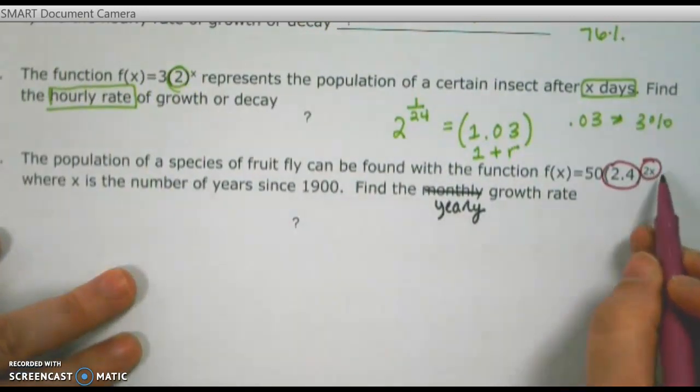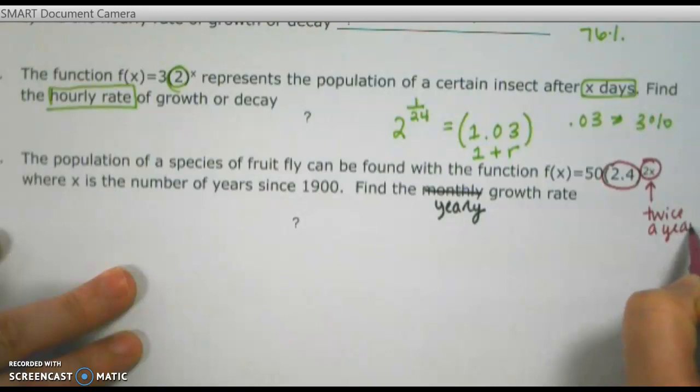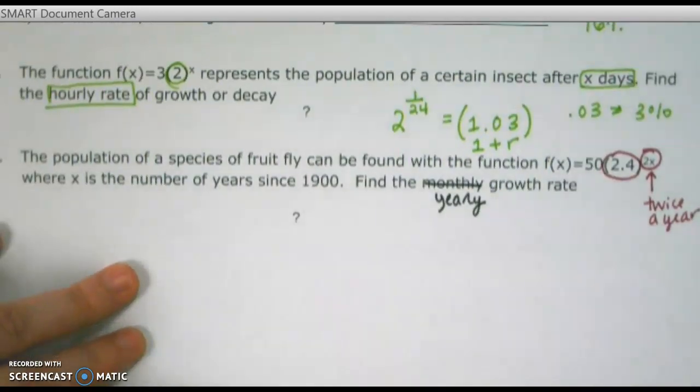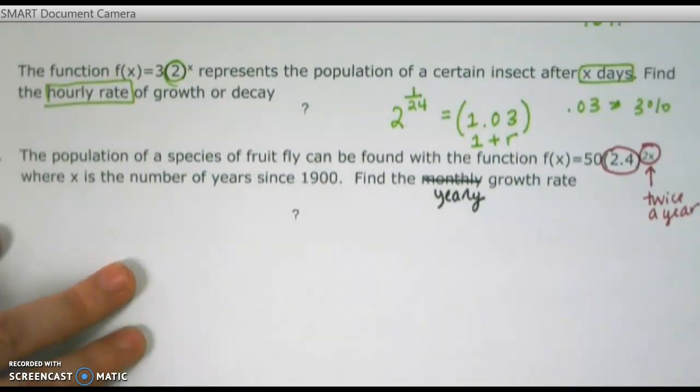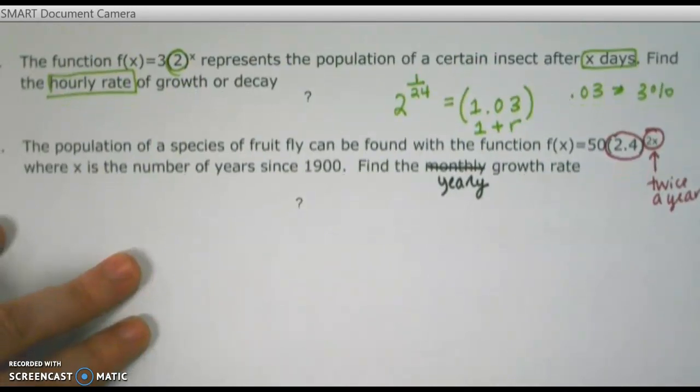The 2 that's in front of the x means that rate is basically being compounded twice a year. So the rate is for twice a year, and we want to figure out what the rate is if it's just once a year. So we're going from twice a year down to once a year, but they have given us the exponent to use.